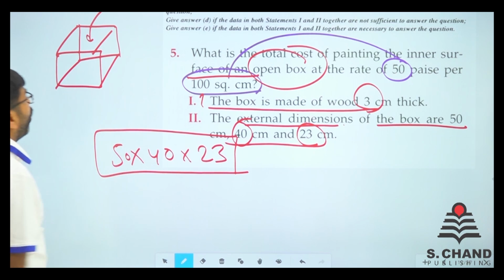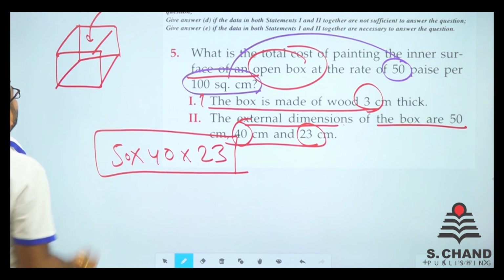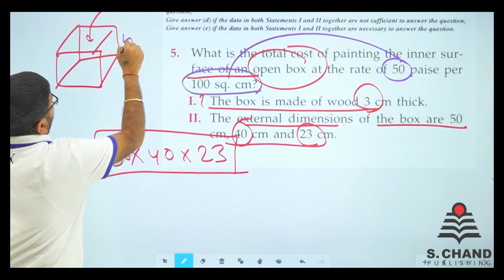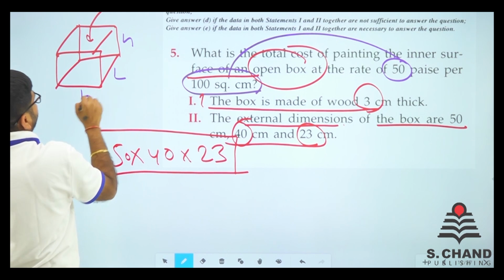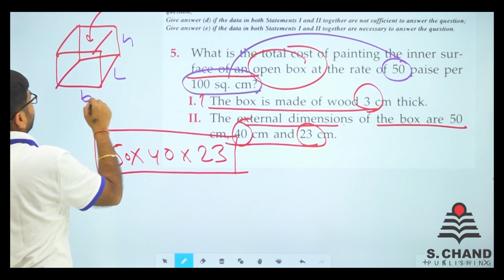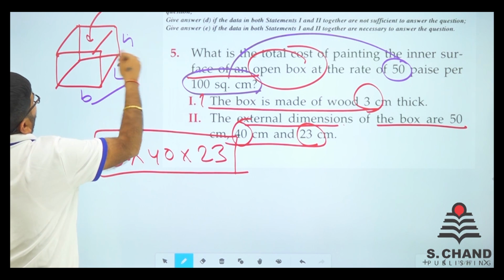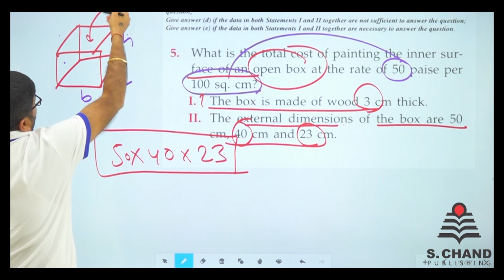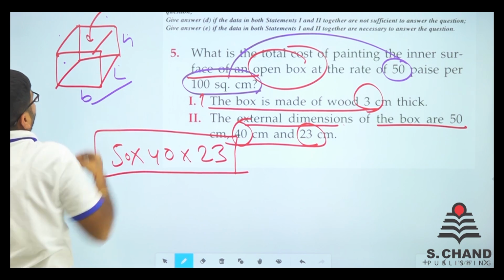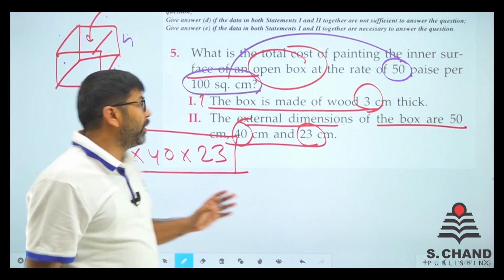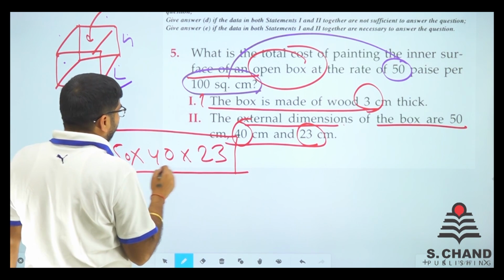See, this is the height H, this is L and this is B. So the base is L into B. This part is H into L, this is H into L. And this part is B into H and B into H. So we can calculate, because we have got L, B and H with us.